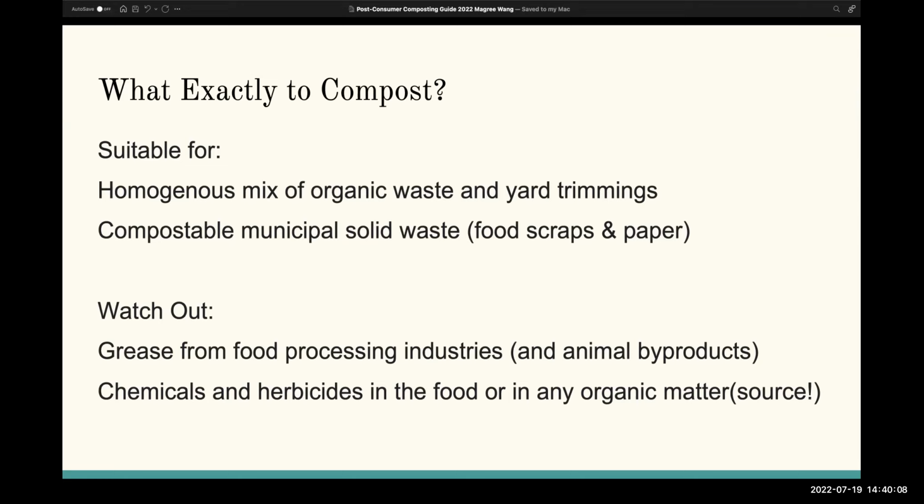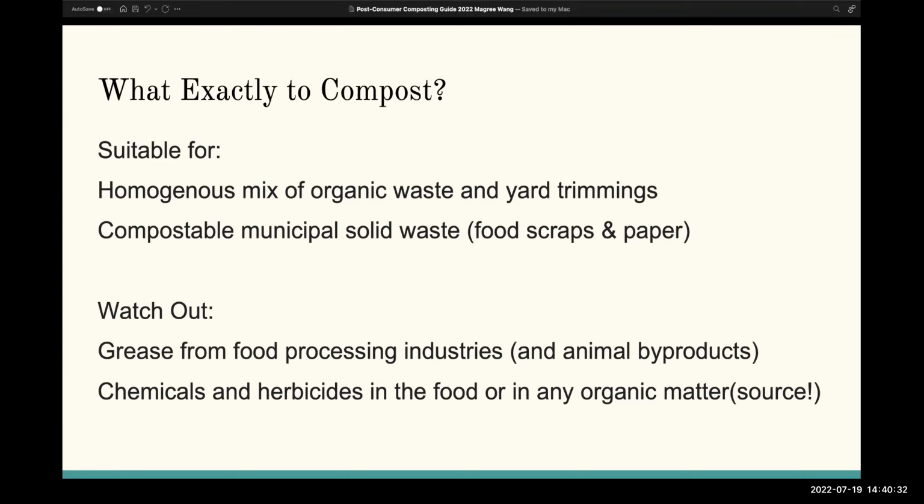Dairy products are compostable in this type, as well as some paper, as you can see here, and also yard waste. But we still need to watch out for some grease, processed foods, and also animal byproducts, which I don't think would be a problem for RIT.